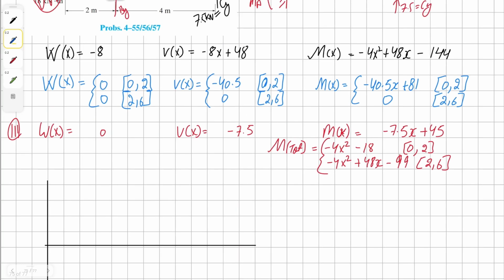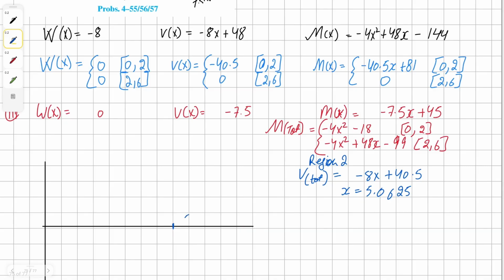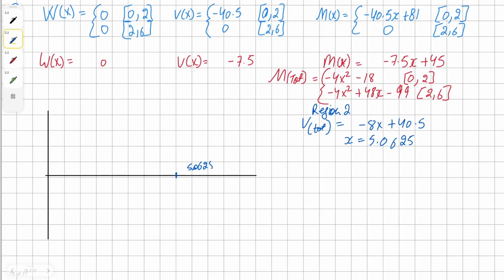So to find that out, we first of all have to get our total shear equation. Actually we need it for region 2 only, so we don't even need to find region 1. So I'm going to straight up focus on region 2. It's going to be negative 8x plus 48 take away 7.5, which comes up to be positive 40.5. And now our x-intercept is going to be 5.0625. So let's say 5.0625 is somewhere here, and so our intersection is somewhere along this point.